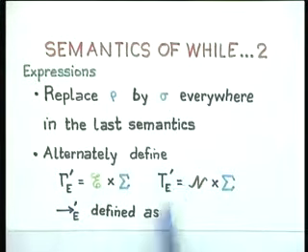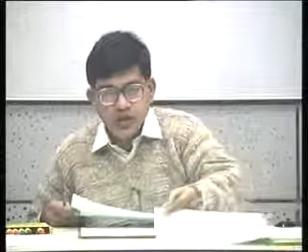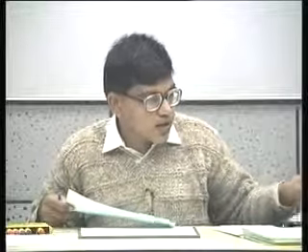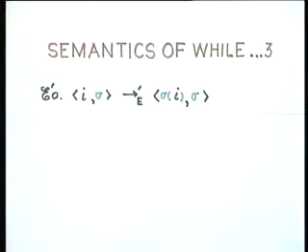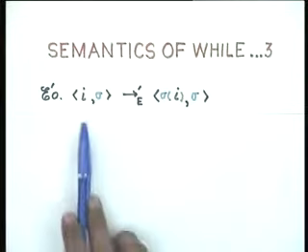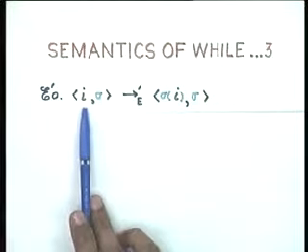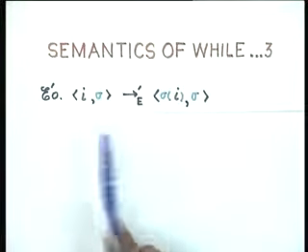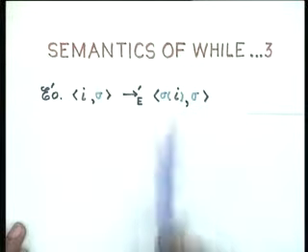So I have put a prime everywhere to distinguish it from the last semantics, but you will see that it doesn't look too different from the last semantics, right? So let's quickly go through the expression language, and you will see that it is more or less like the last one, except that since I am considering expressions to be ordered pairs of this form, the meaning of an expression I in the state sigma is the value assigned by sigma to I in the state sigma, right?